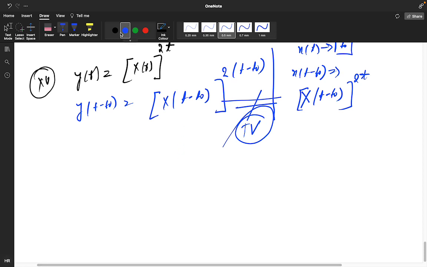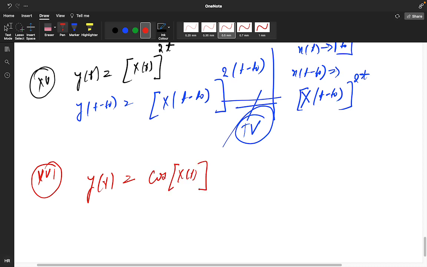Now you have another question, the last question. You have y of t equals cos of x of t plus sin t.